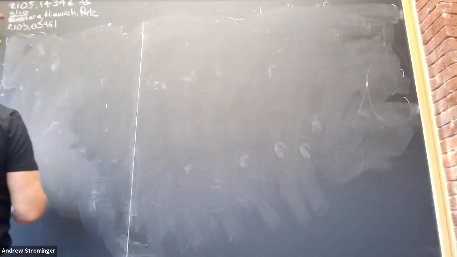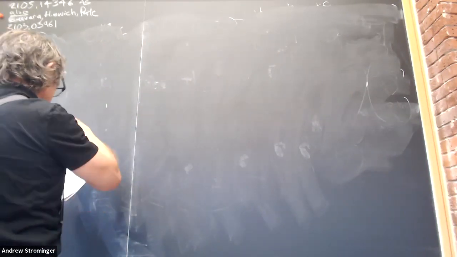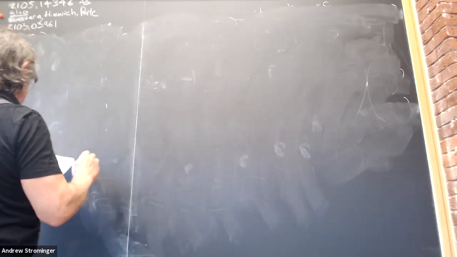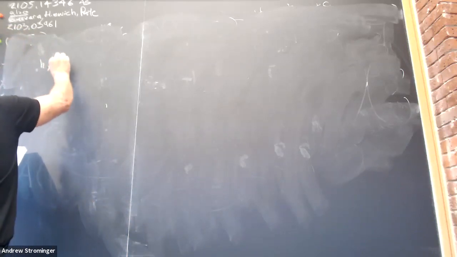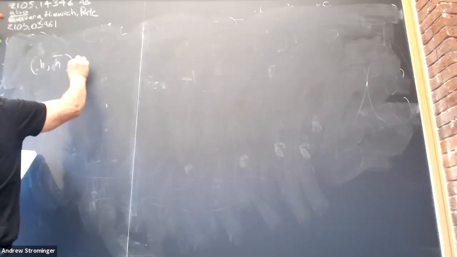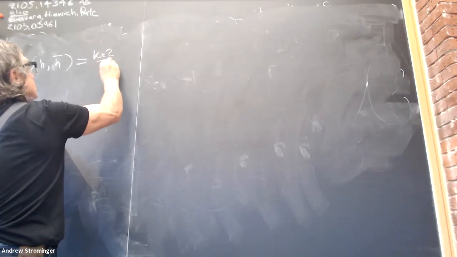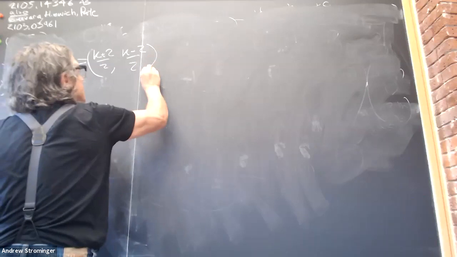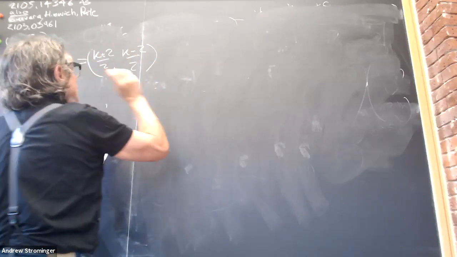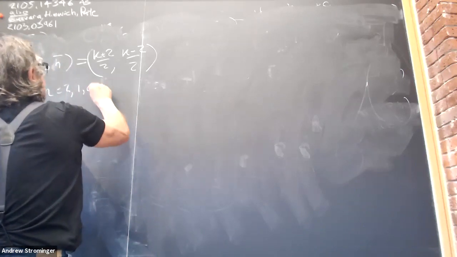You get a tower of fields which have conformal weights h-bar equals (k+2)/2, (k-2)/2, where now k runs from 2 down to minus infinity.